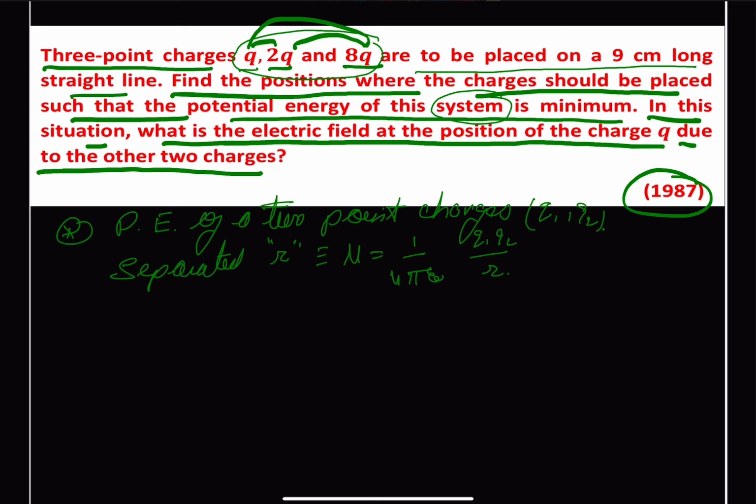So it means to have a minimum potential energy, the charges of greater value should be farthest apart.